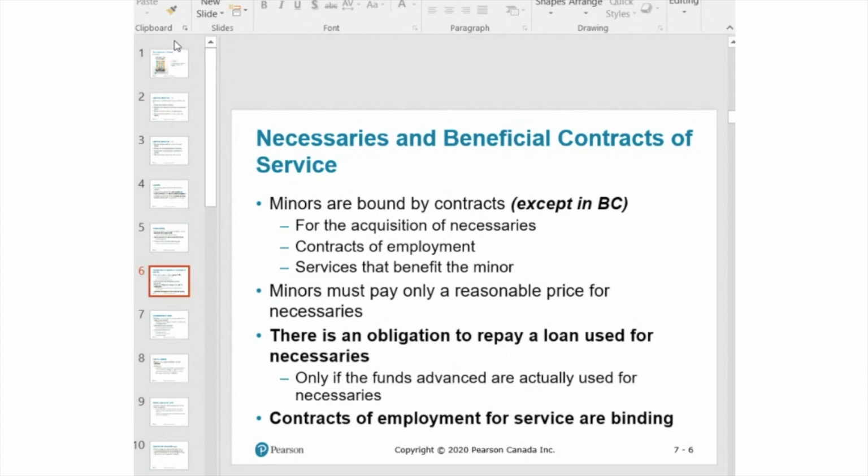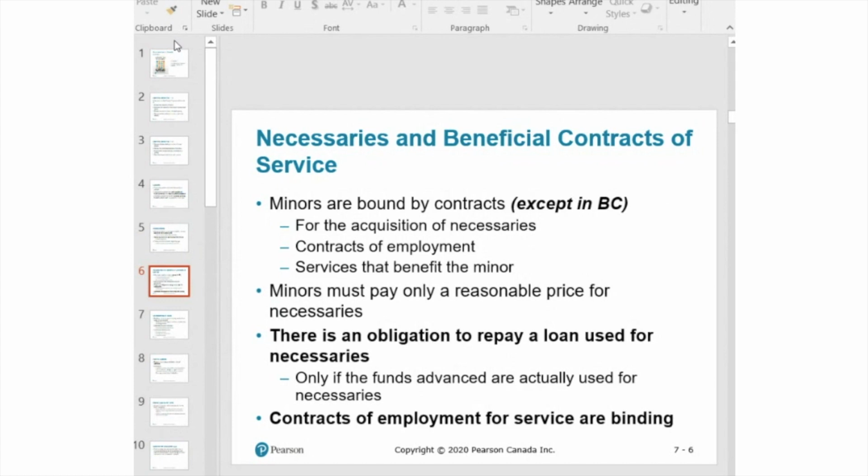So the minor cannot cancel or void that contract. What is the lesson we get here? What is the real applicability of this? If you, as an adult, sell something to a minor, the minor may cancel the contract. You, the adult, cannot enforce that contract.